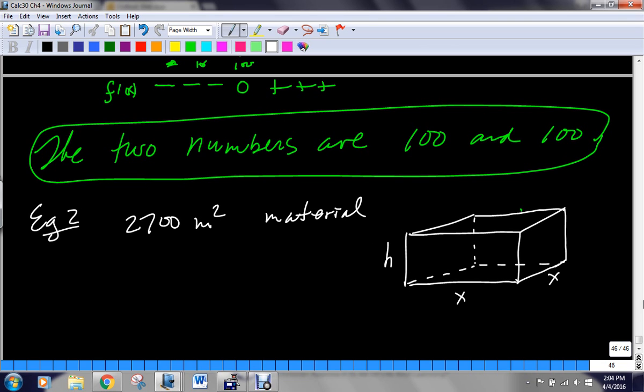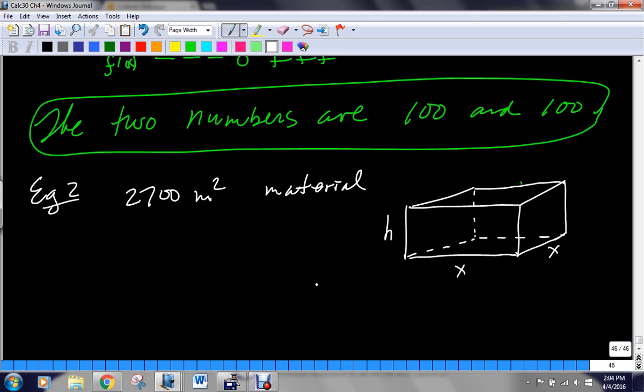Now, you could use b and b or another variable, it's the same. I'm going to keep height as h because that makes sense to me. That's the height of the box. If I did x, x, and y, that would be okay too because x is horizontal, y is vertical in the math we do. But if you did k, k, and w, what's y, right? So at least h I know is the height. I'm going to be able to watch that as I go through the question.